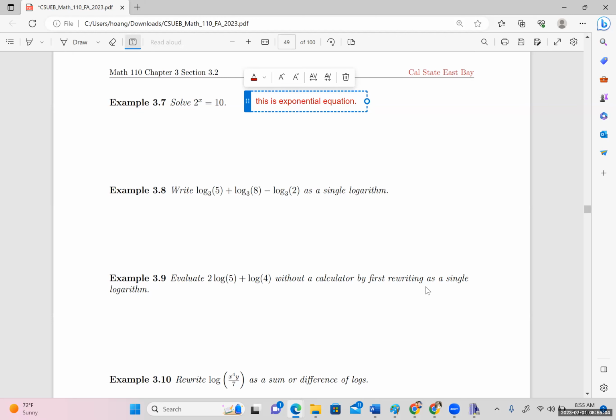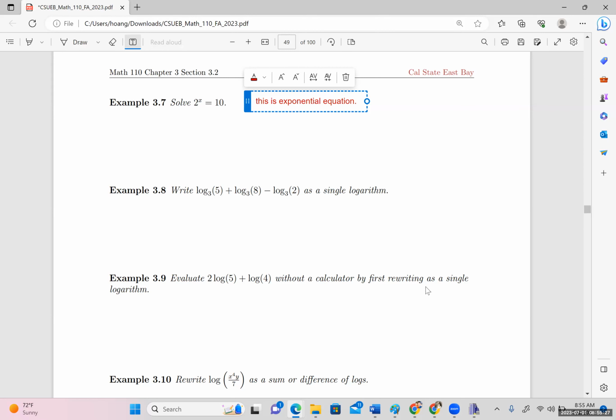So can you solve for x right now? I know that 2 raised to 3 equals 8, but 2 raised to something equal to 10 could be a challenge, right?